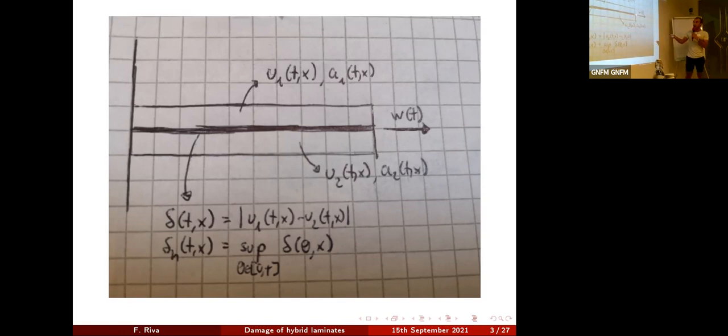On the cohesive interface, we have also these two variables, which depend explicitly on the displacements. They are the slip of the two displacements, delta, the absolute value of the difference between them, and a history variable, which records the maximal slip reached up to a certain time t. These are called delta and delta H.